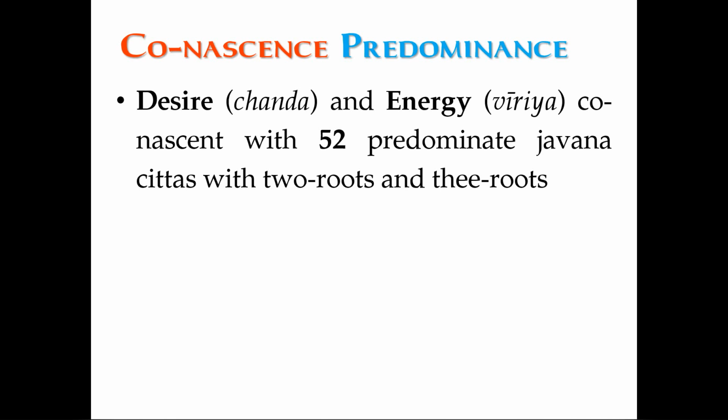Among them, the two delusion-rooted chetas and the smile-producing cheta are not powerful. They are very weak. For that reason, they cannot take place as a predominance. We have to exclude them. So now we have only 52 predominant javana chetas.